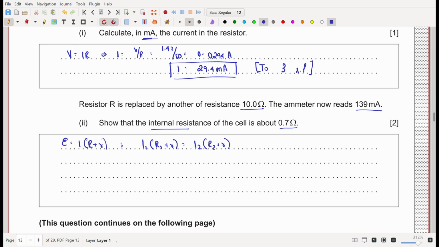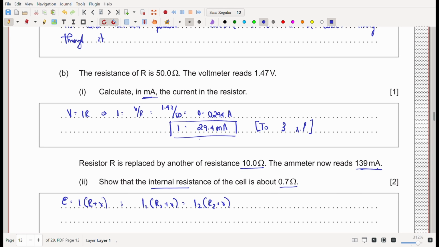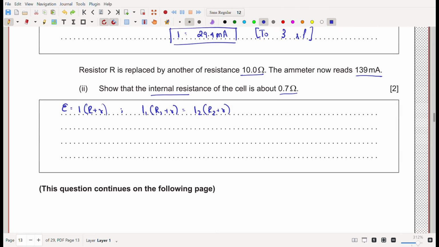So we are given current 2, current 1, resistance 1 and resistance 2. So we have everything we need to solve this question. So let's go ahead. 29.4 milliamps times resistance 1, which is 50 ohms, plus the internal resistance is equal to 139 milliamps times 10 plus internal resistance.